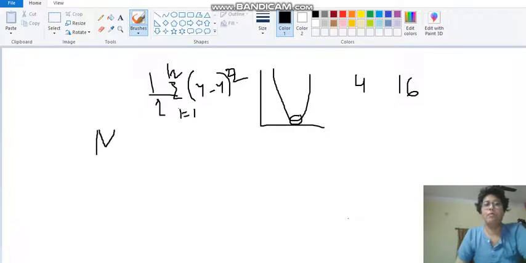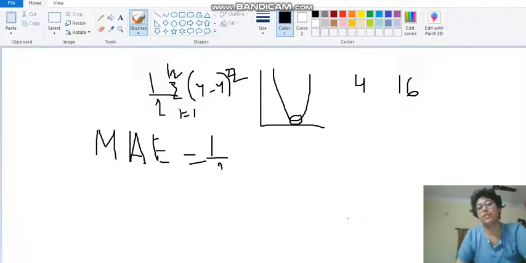That problem is solved by another cost function and loss function, the mean absolute error. The formula of mean absolute error is half the summation of the absolute value of y minus y hat.